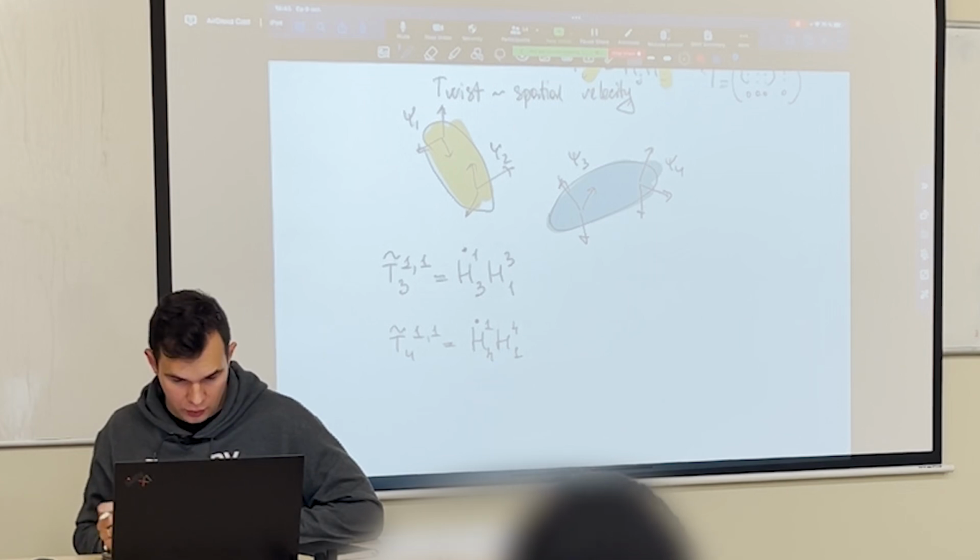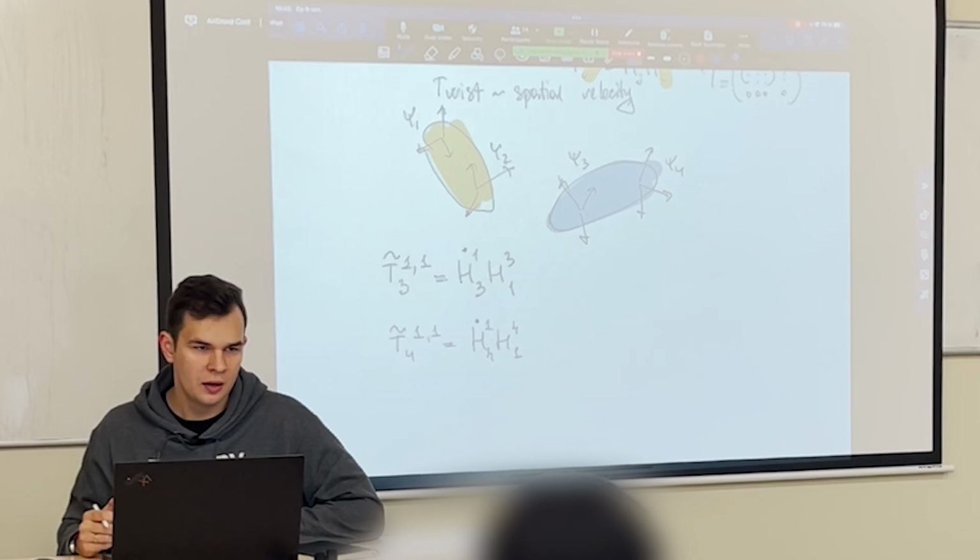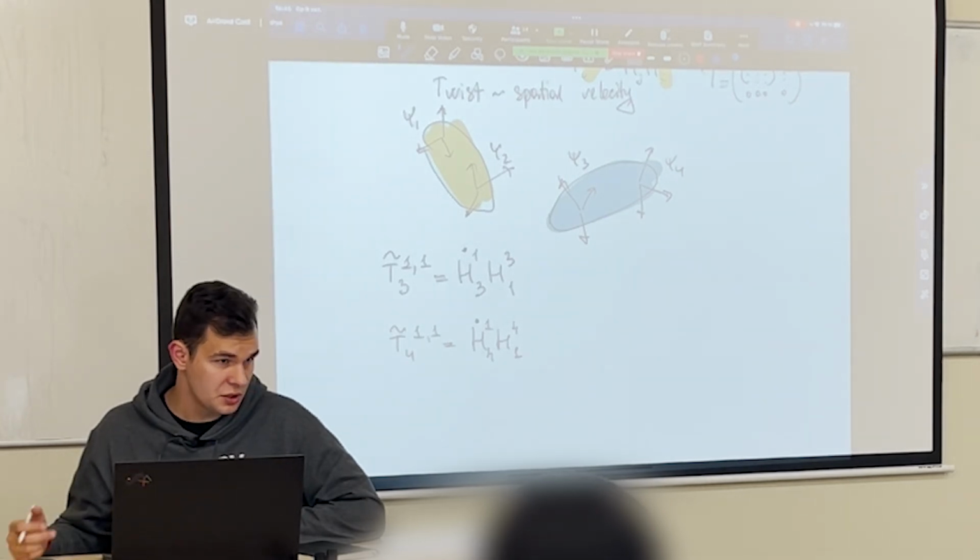And we know that SE(3) is a group, and it has a property of associativity, so the chain rule.